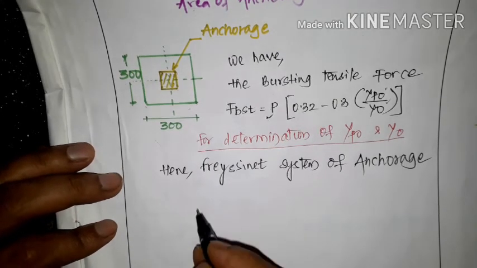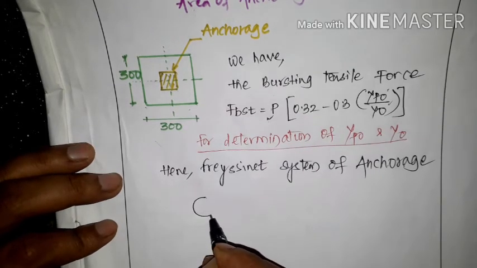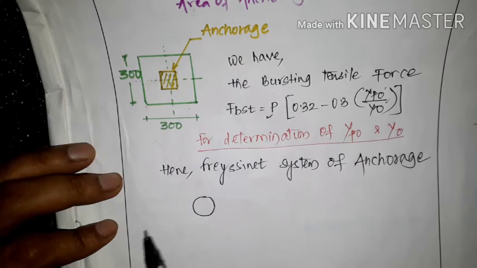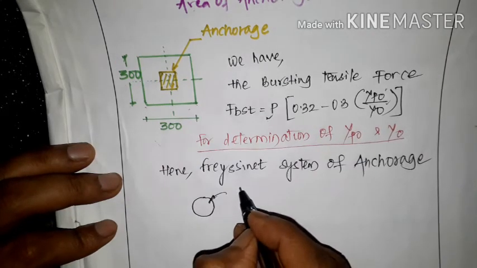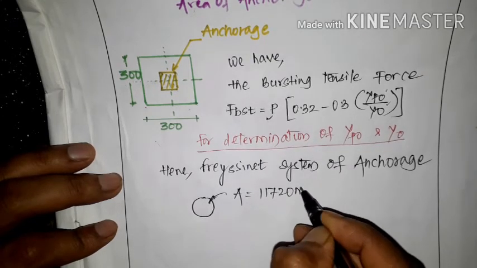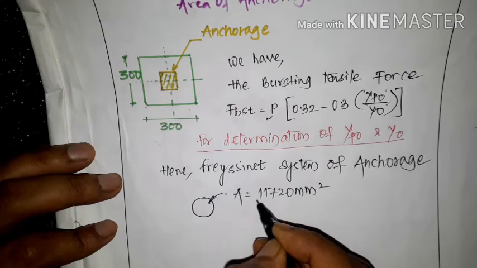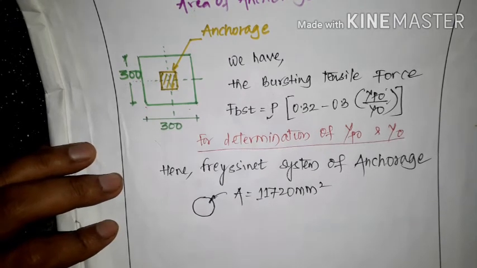Suppose the area of anchorage is given as 11720 mm square. We will assume it is a circular cable or a plate which is provided.